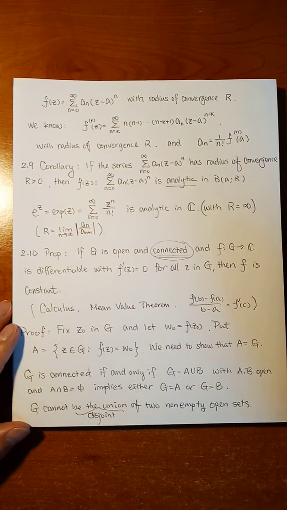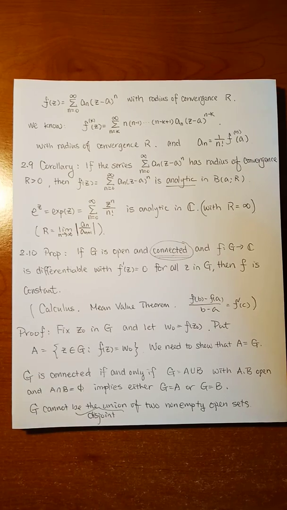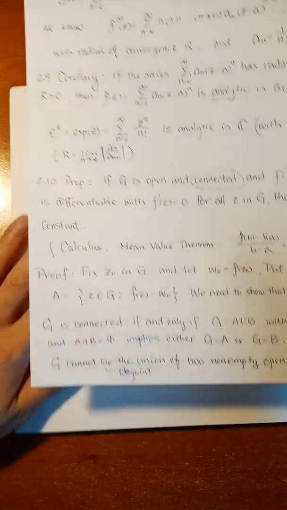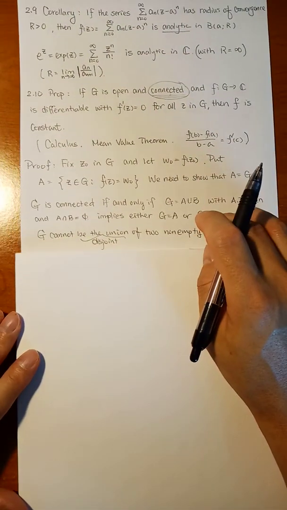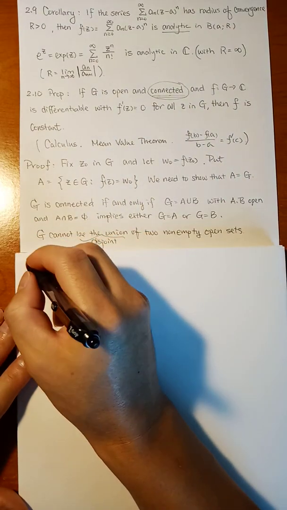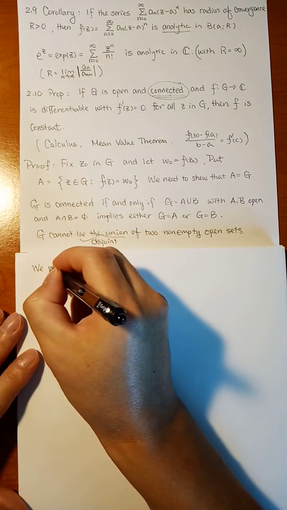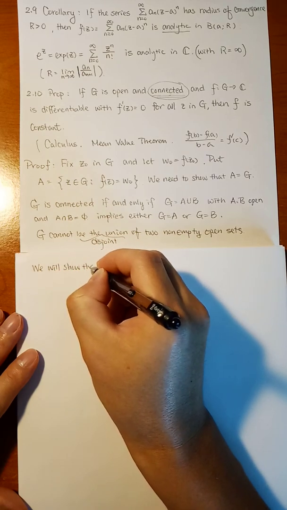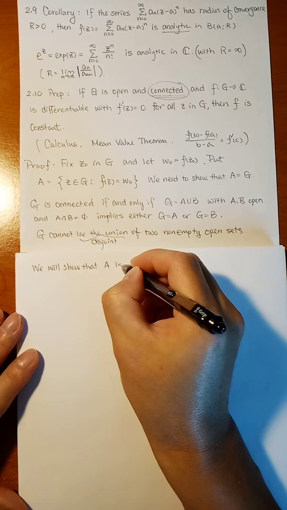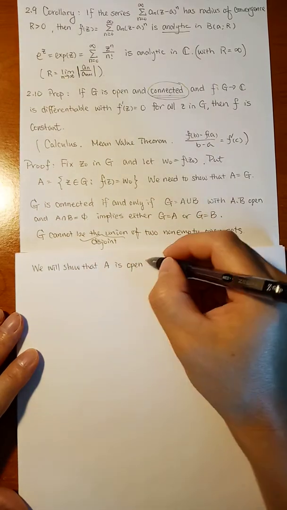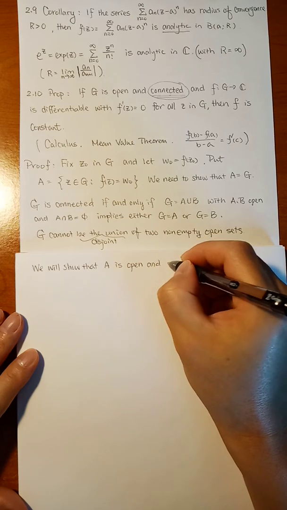So this is open connected. Here we're going to use this connectedness to prove A is equal to G. So we will show that A is open and closed.